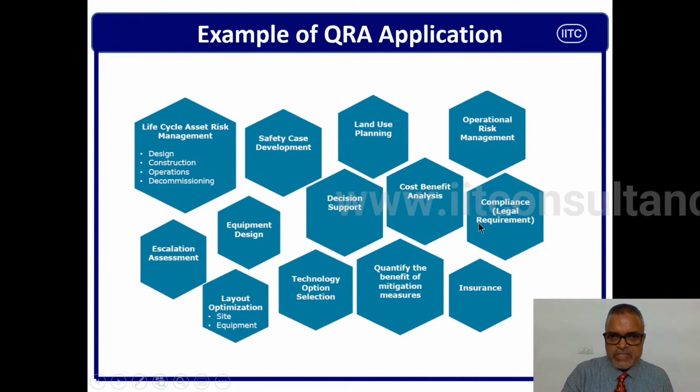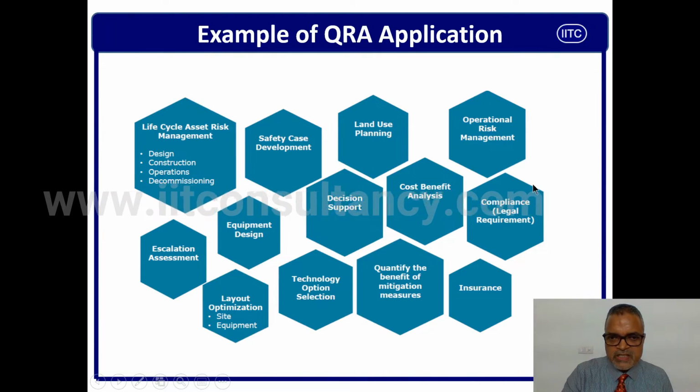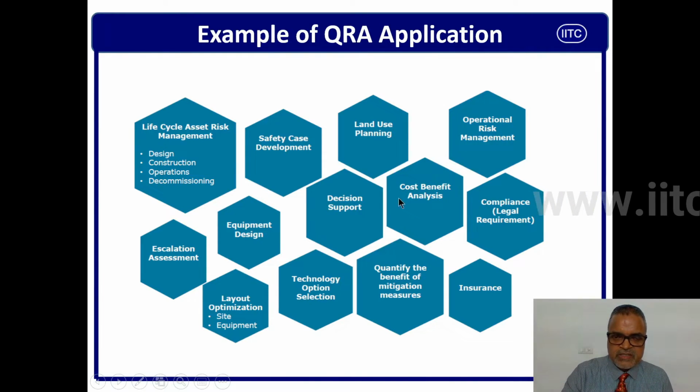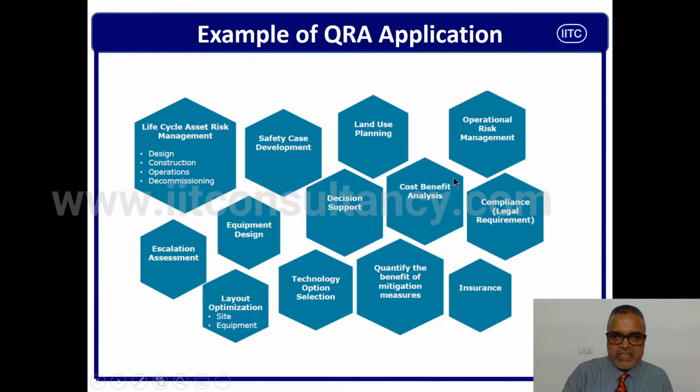Compliance. We need to comply with the legal requirements. We need to demonstrate the ALARP to the authority. In many countries, we have compliance requirements, and from a compliance point of view, we need to have a quantitative risk assessment. And definitely we need to have the cost benefit analysis for implementing any RRM, risk reduction measures.